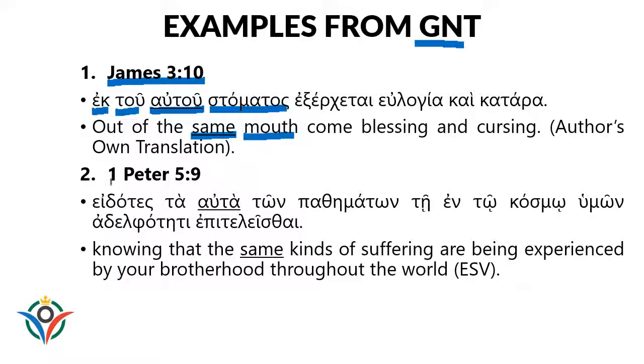And then 1 Peter 5 verse 9, we have here eidotes ta auta tōn pathēmatōn. All right, so auta is standing in the attributive position, so we translate this as "knowing that the same kinds of suffering." Okay, so those are two examples of the identical use from the Greek New Testament.